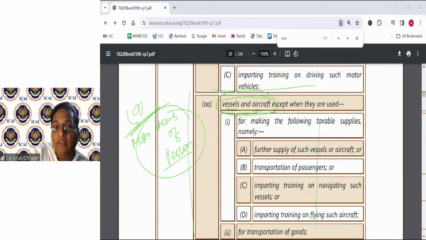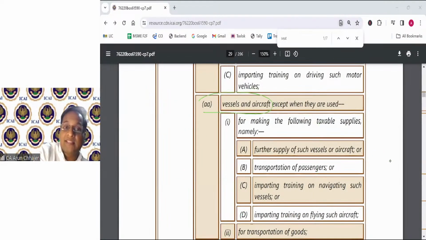But here what they did is, vessel and aircraft entirely are under the block category. Therefore, they have to mention separately that transportation of goods is allowed. See, because clause AA covers vessel and aircraft entirely, they have to add transportation of goods separately.